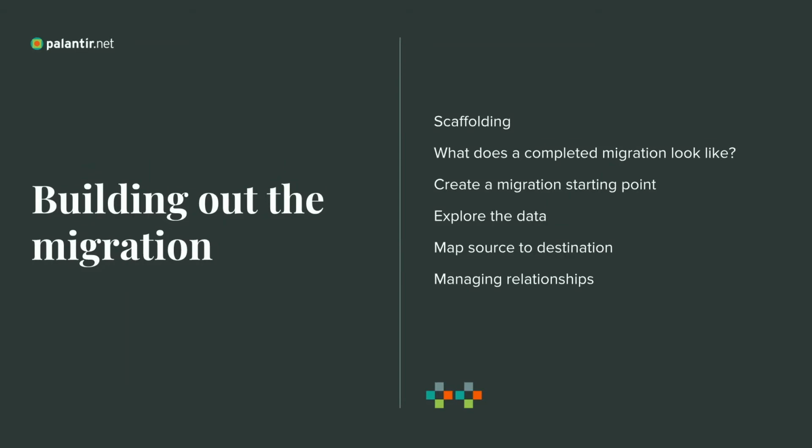A lot of the work is exploring the data, either the source or the destination data, and then making a map between that source and destination data. And then lastly, for migrations that have dependencies on other migrations, how do we manage those relationships? So if there are articles that require media entities, how do you make sure that those are all being connected together correctly?